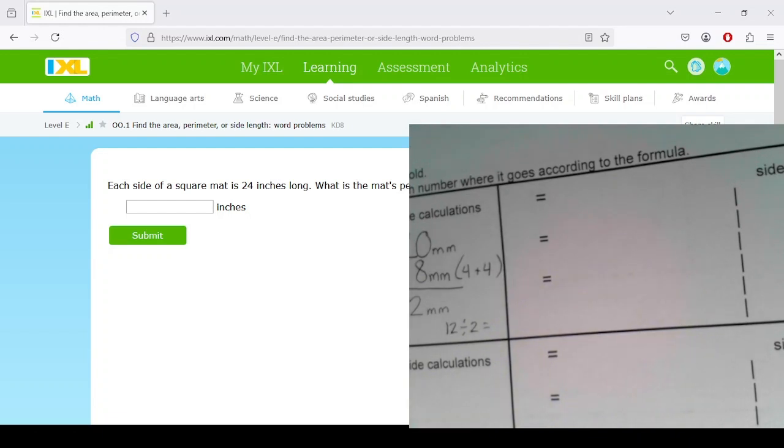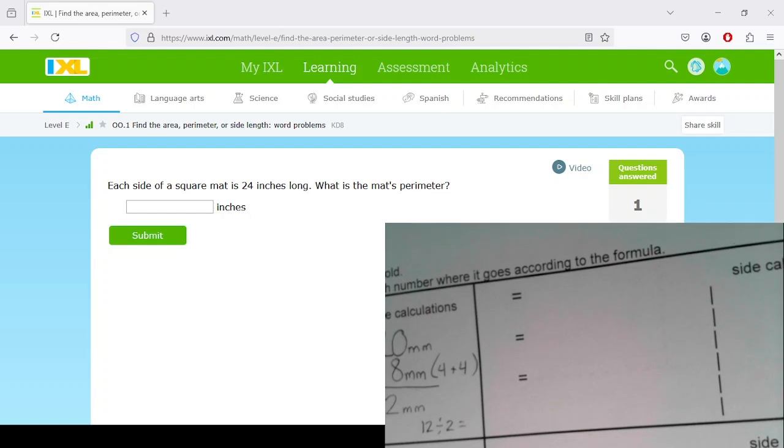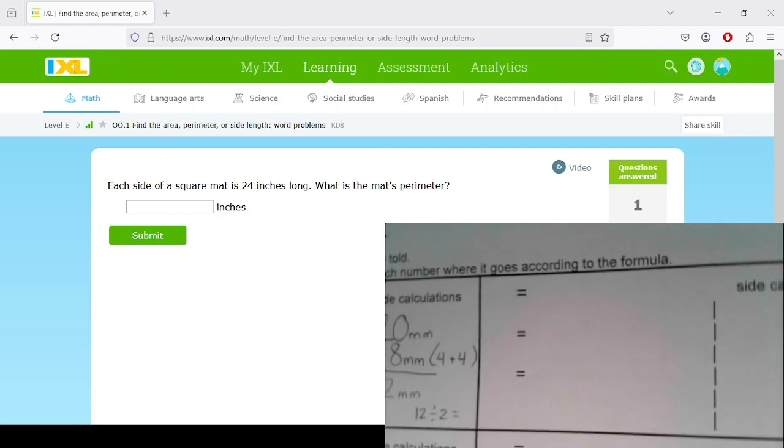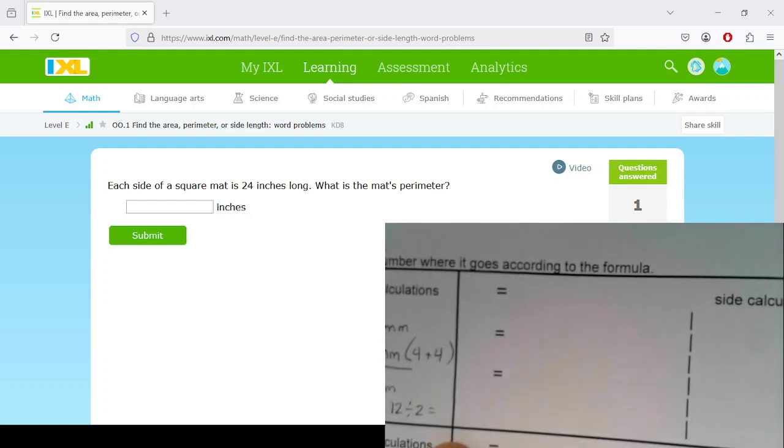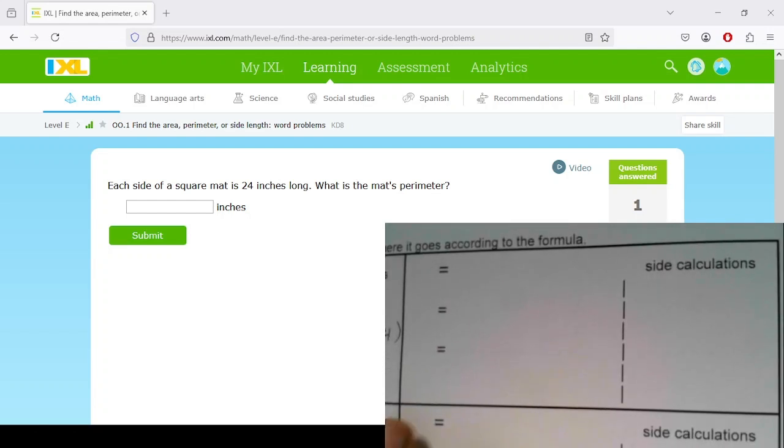My question is, what is the max perimeter? Hold on. Gonna fix that. There we go.